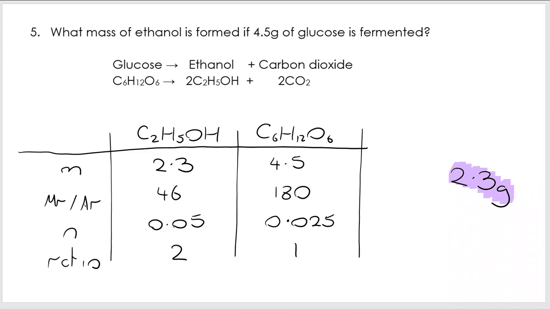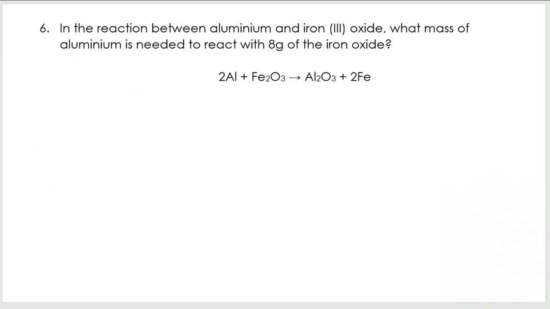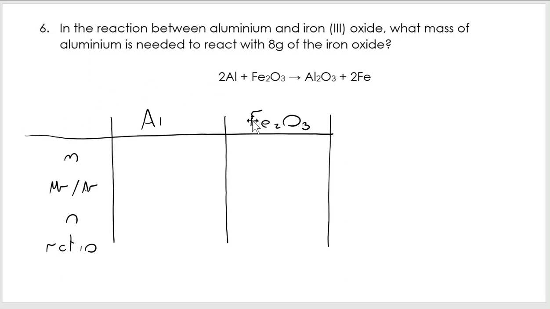I'm hoping you can see there's a systematic route through these questions. On to the next example. And in this case, we're interested in the aluminium and the iron oxide. I'm told that I've got 8 grams of iron oxide. I work out my relative molecular masses, 160, relative atomic mass of 27 there.